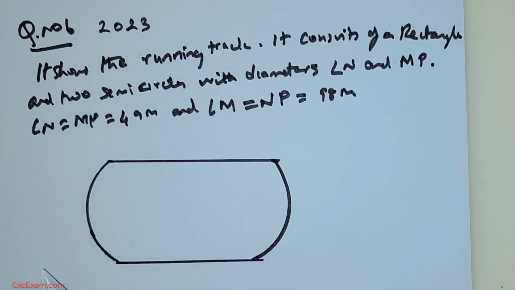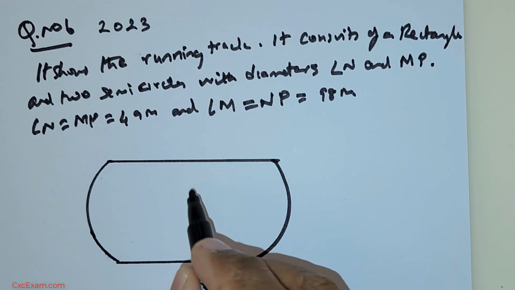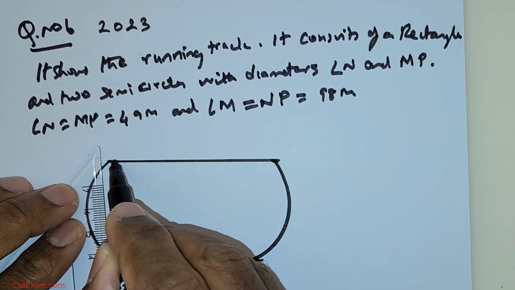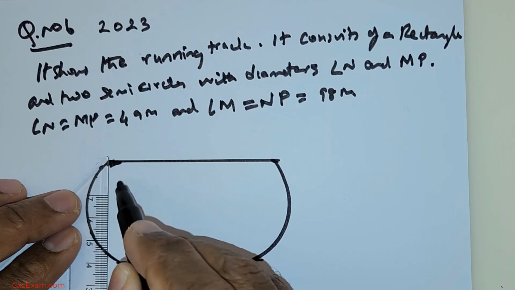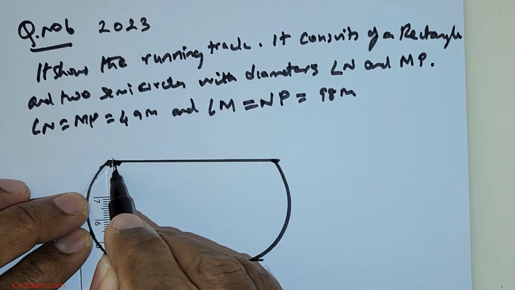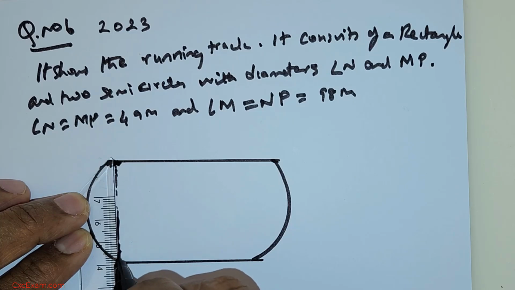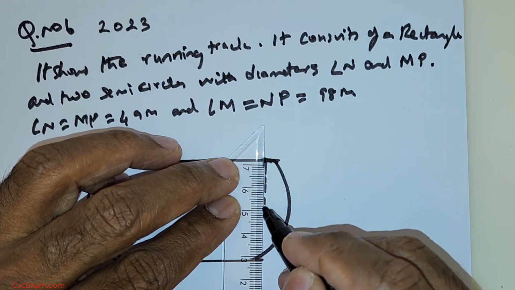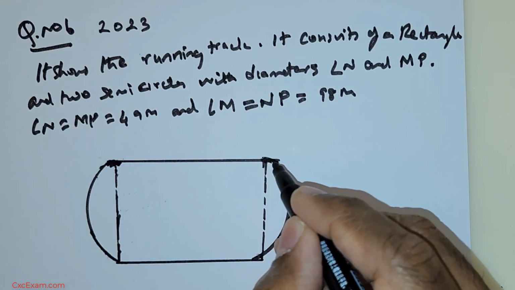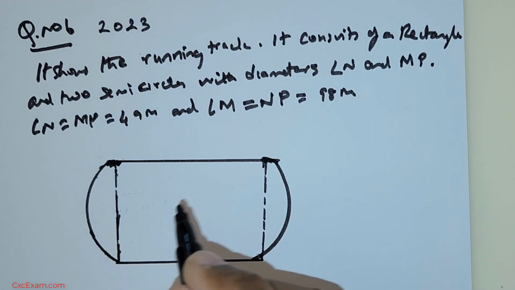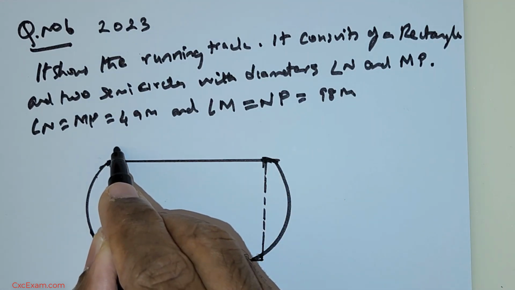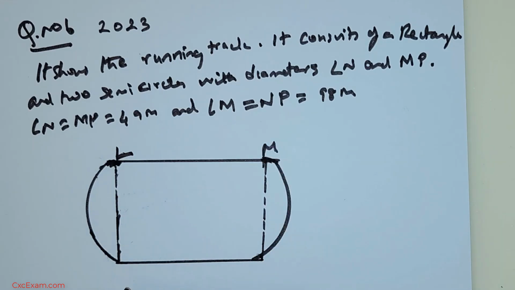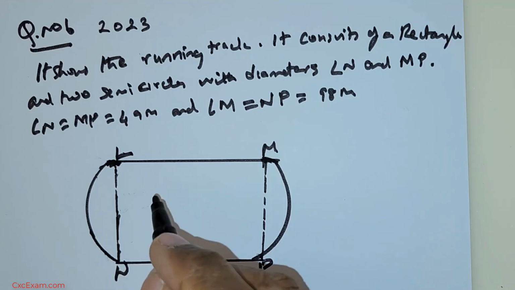All right, so this is what we have got, and this is going to be our diameter, and this is L, M, N and P. This length is 98 meters.